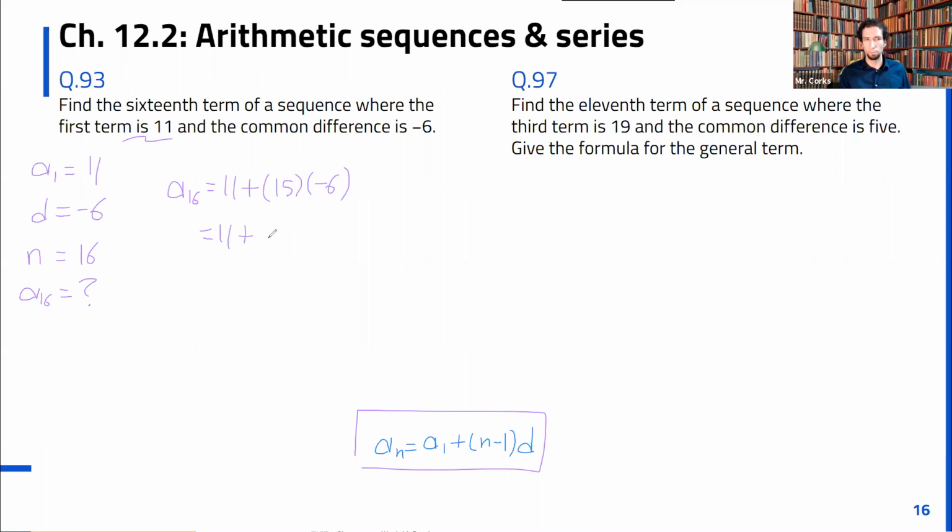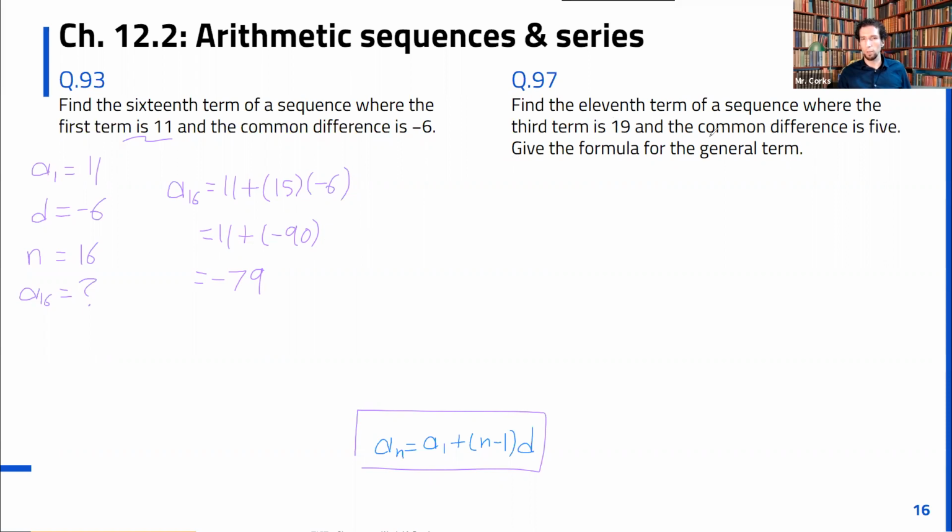What's that? -90. So 11 minus 90 turns into -79. So there we go. Just look at the information we're given. In this case, we can use our formula very directly.